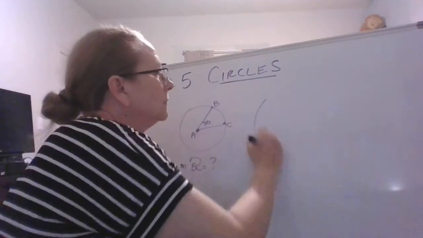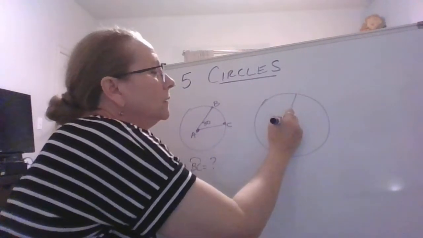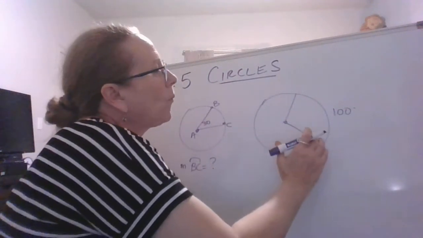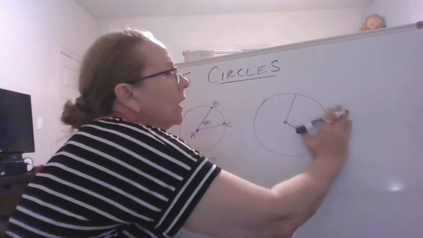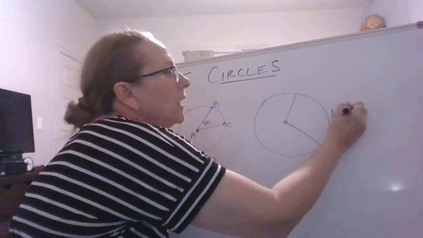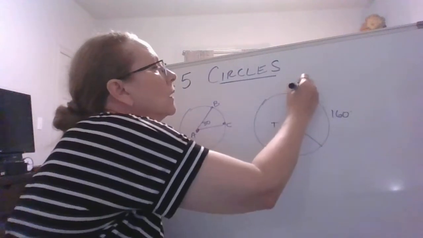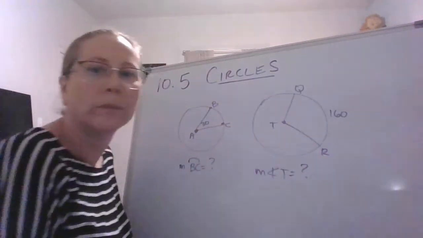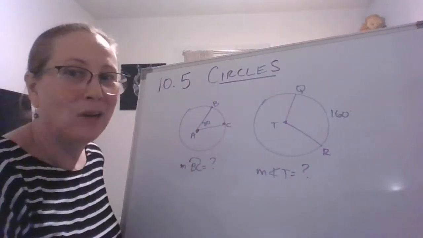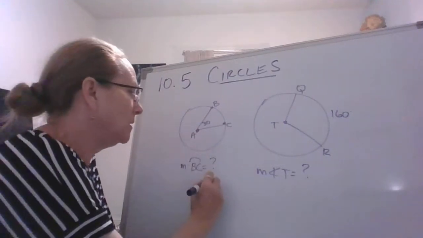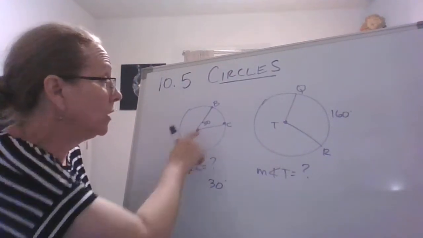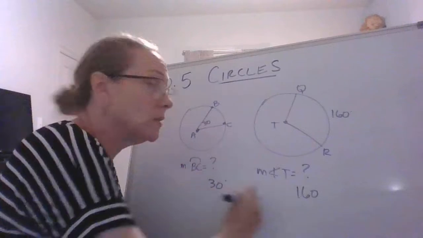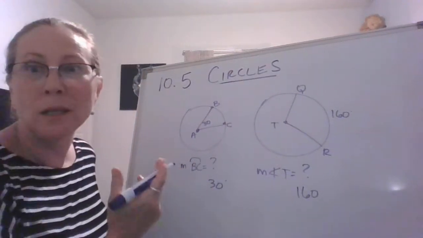Or, converse to that, say, hey, I've got this arc, it's 160 degrees. What is the measure of angle T? Well, since the angle and the arc are the same, the arc is 30 if the angle is 30. The angle is 160 if the arc is 160. So that's pretty easy to solve.